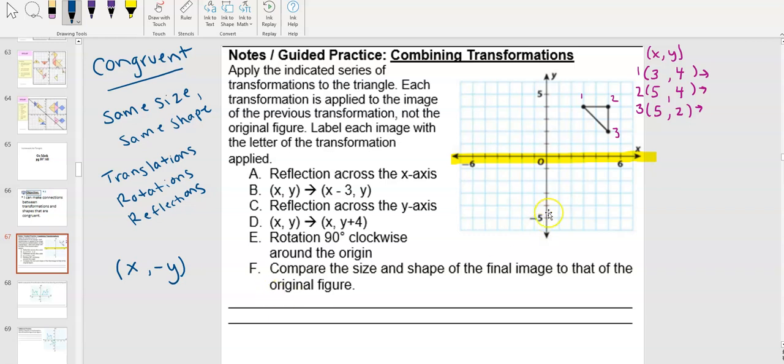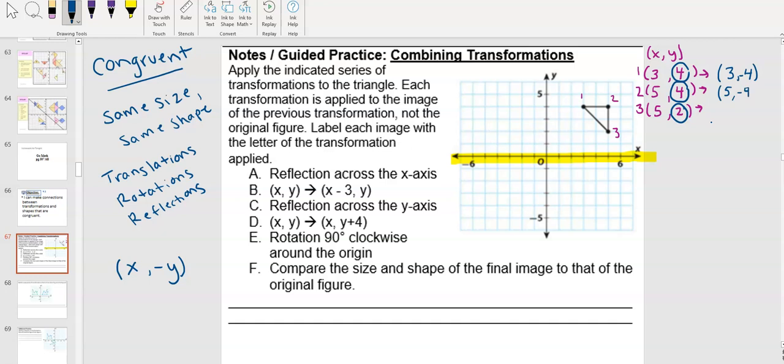When I reflect across x, I change the sign to the opposite sign for the y term. So I'm going to look at all of these, and in all of these, I'm going to take my y and change its sign. So all of these happen to be positive, so I'm going to turn them to their opposites, which is negative. So my new point will be 3, negative 4.